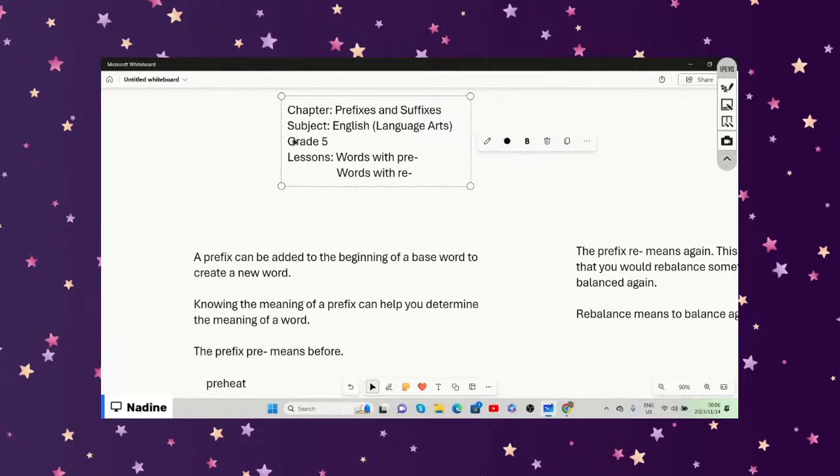Our subject is English Language Arts, grade 5, and the lessons that we are going to be focusing on today under this chapter are words with pre and words with re. So we're going to find out what a prefix and what a suffix is.